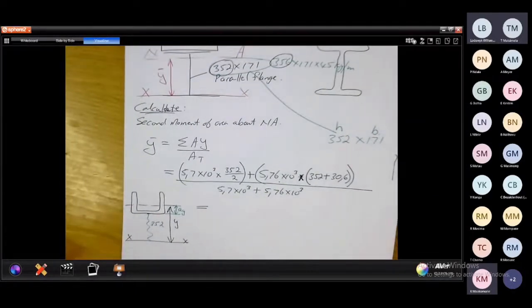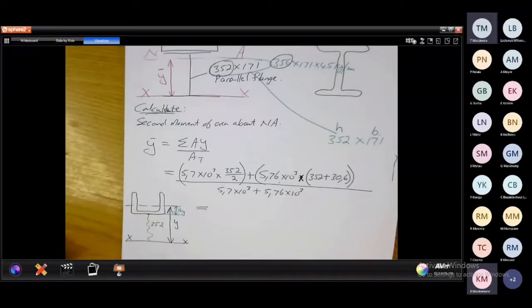Okay, please calculate for me and tell me what is the answer.